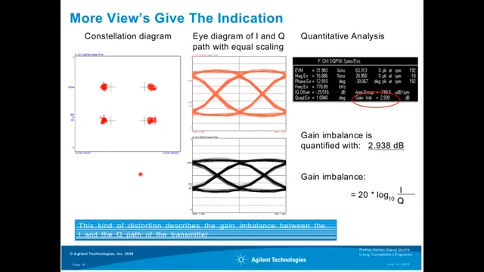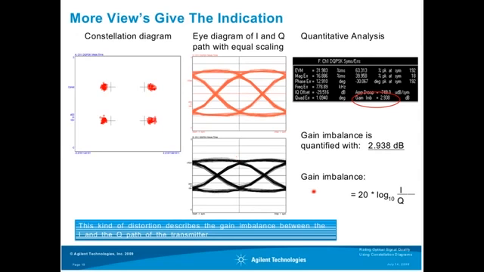First, we look at our standard tools that we have been using in former times, which is mainly the eye diagram. With the instrument, we can, for example, look at the I path and the Q path of the eye diagram. And you see here again the distorted constellation diagram. As we have the same scaling on both axes, you can see that there is a different amplitude of the I and the Q eye diagram.